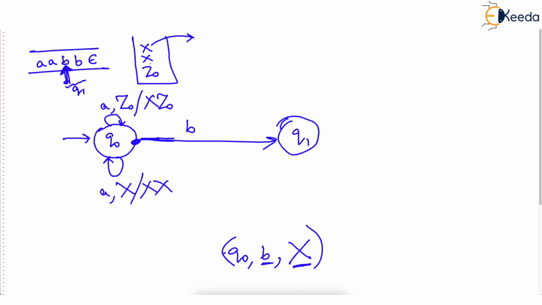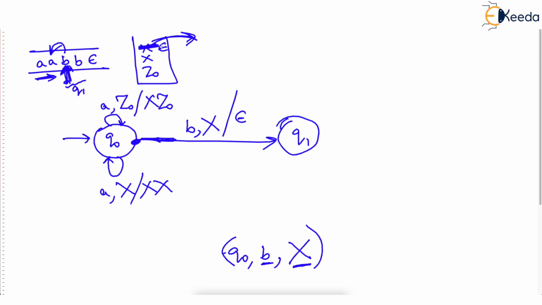It can't be Z0. If you are reading a B, tell me, shouldn't there be a pending? You should have some X on the stack. That means we will say Q0, when you are reading a B and top is X, then you are going to remove this X. This is shown as epsilon. What it means is, you are just replacing this X with epsilon, and epsilon means nothing.